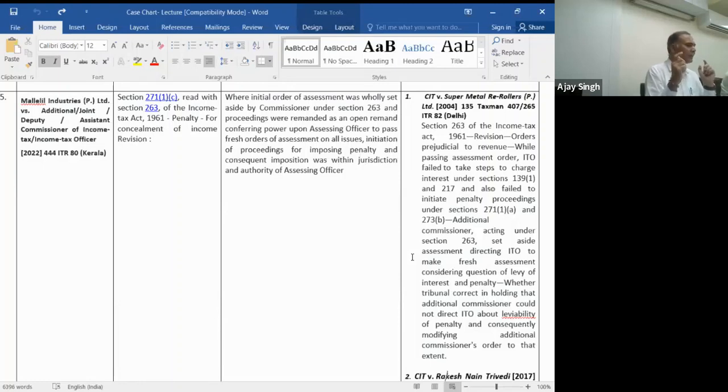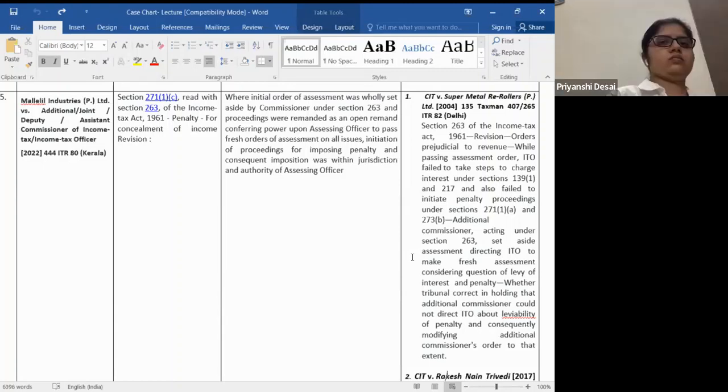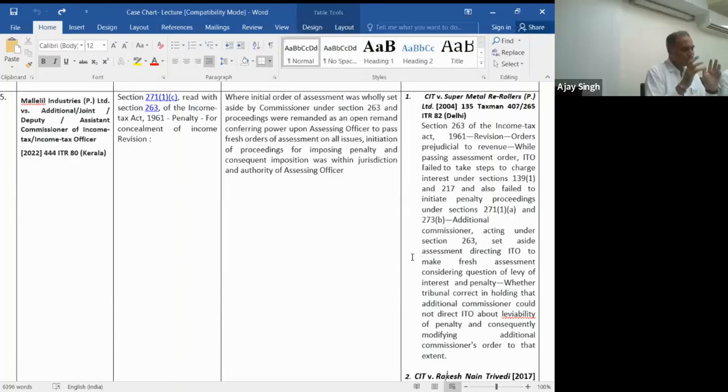And what I recollect is a decision of Supreme Court in the case of Green Worlds, which is in context of 148 and 263, and it was a very different matter, where all these powers and this exercise of power by various authorities was looked into by the court, and the court had said that the manner in which an assessment has to be done, the higher authorities cannot direct the assessing officer to do a particular thing in a particular manner.